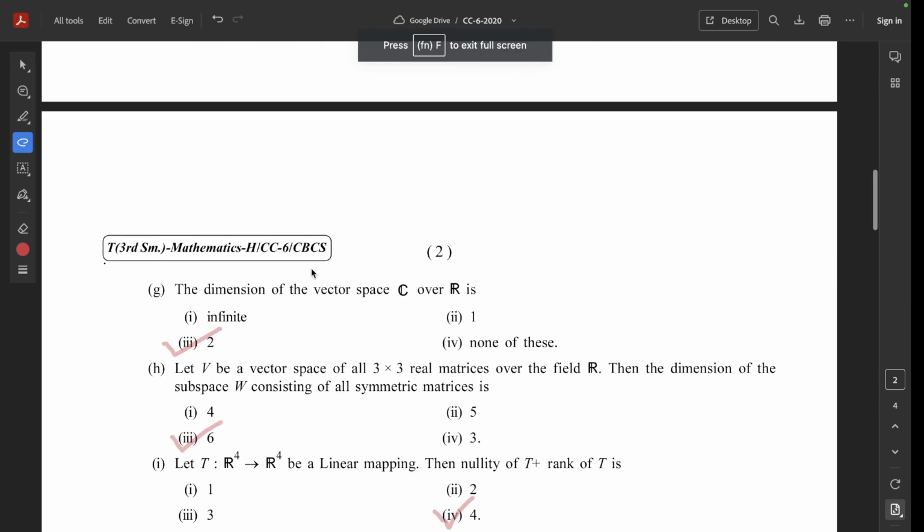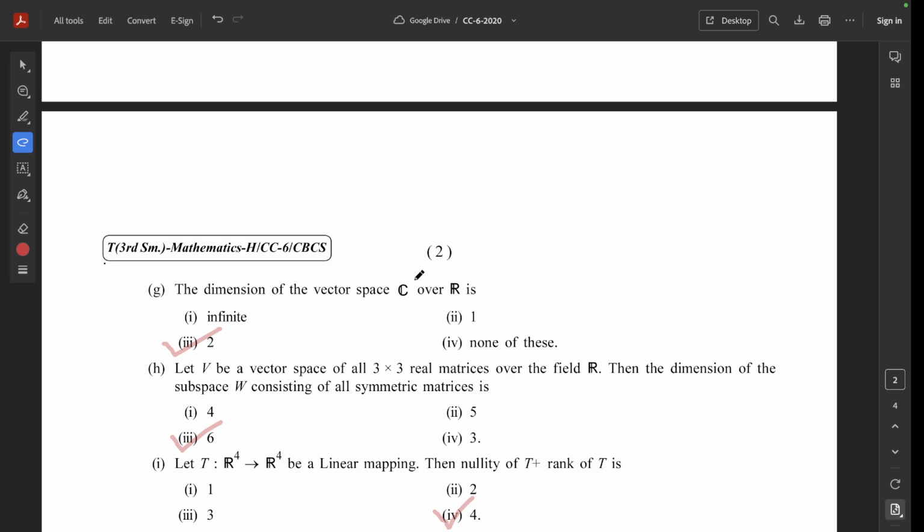Question G. The dimension of the complex vector space C over the real field R is option 3, 2.